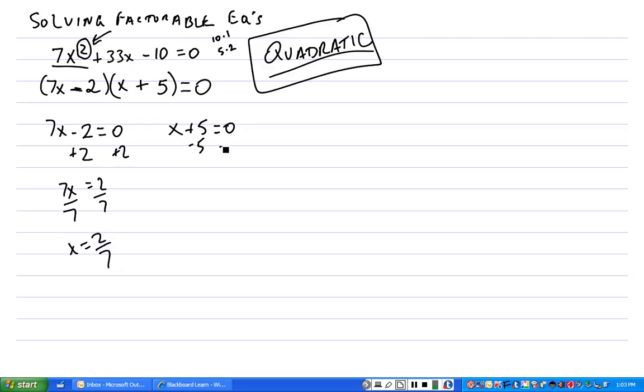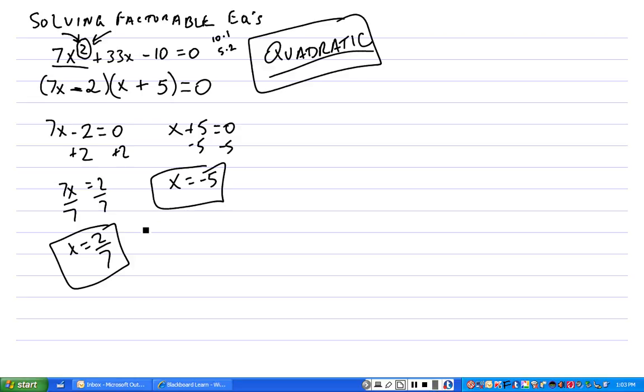Then x plus 5 equals 0, subtract 5, x equals negative 5. So these would be my two solutions. And it was hinted that I have two solutions because it's a quadratic, because my degree for this trinomial is 2. So because the highest exponent is 2, that suggested that there may be 2 solutions to the problem.